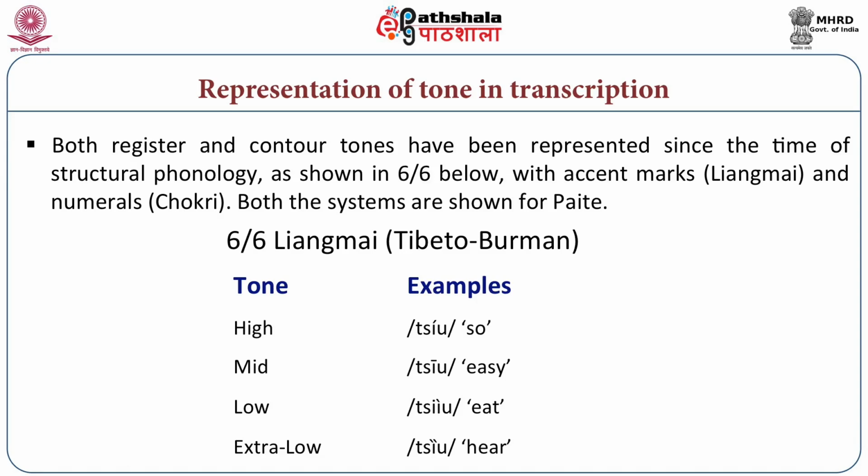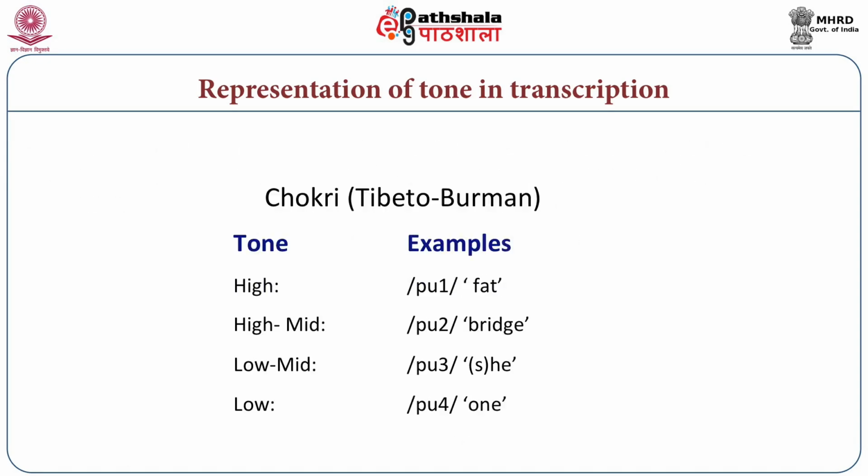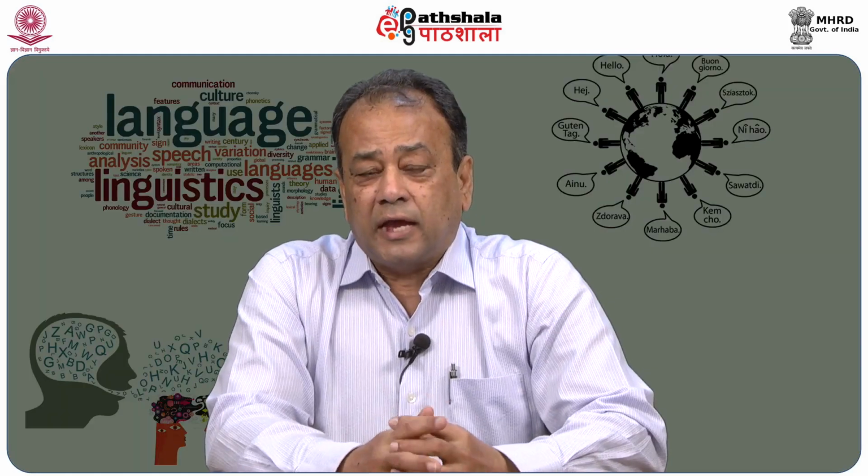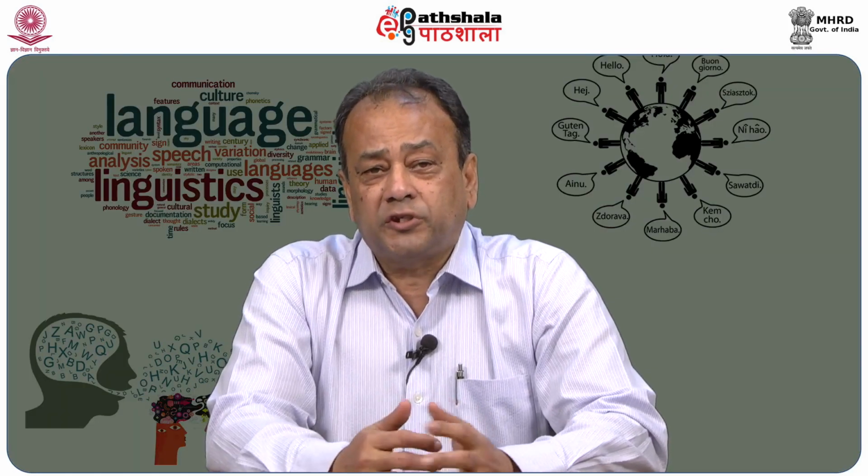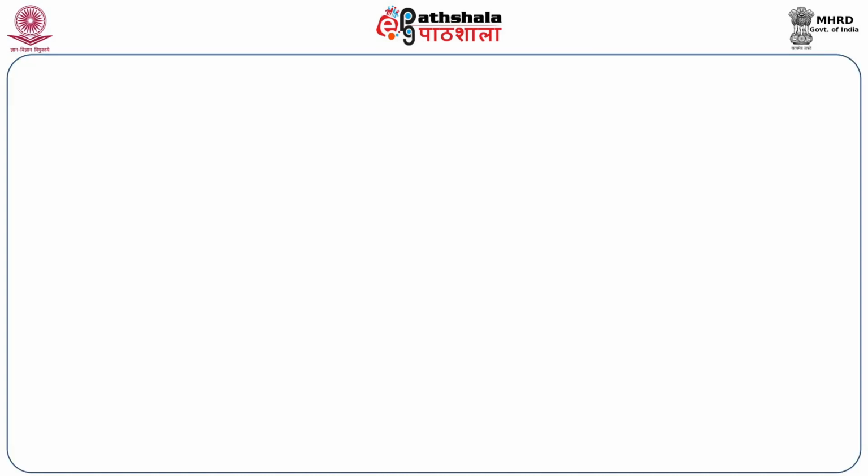For example, you see them for the tones in Liangmai on the screen. The other system of representing tone is through the use of numerals, which we see on the screen for Chokri. In the examples from Paite on the screen, we see both the accent mark and the numeral system representing tones.